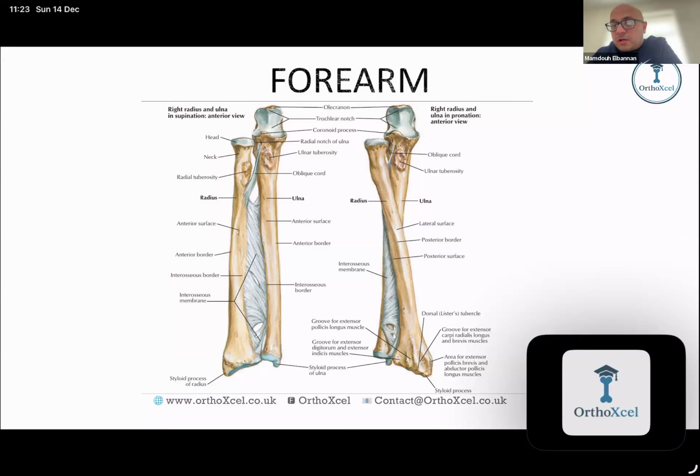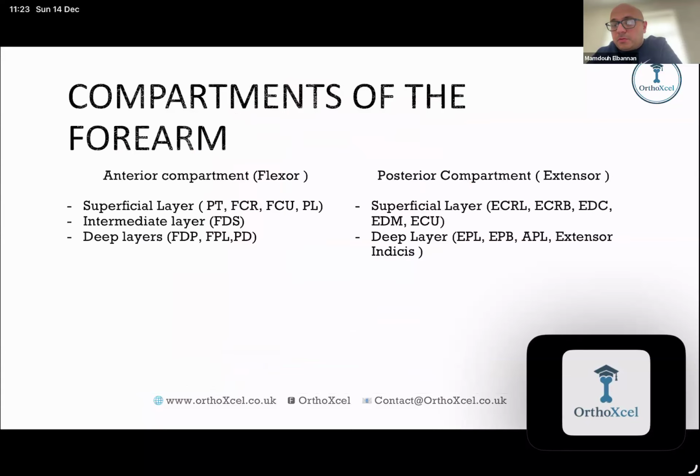If we talk about the forearm, we have two compartments mainly: the flexor, which is the anterior compartment, and the posterior, which is the extensor compartment. If we split the flexor compartment, you can split it into three layers: superficial layer, intermediate layer, and deep layer. What's the significance of that? You can easily understand the nerve supply.